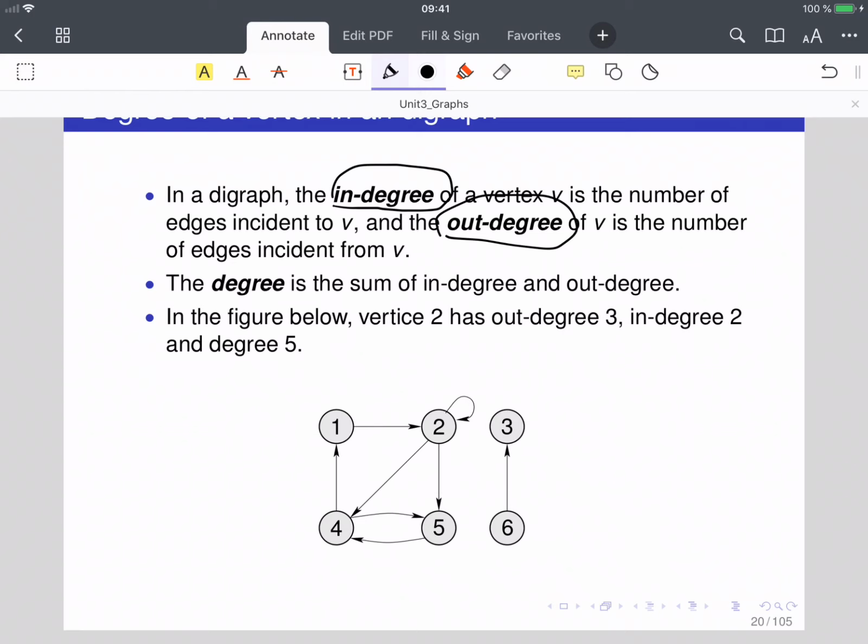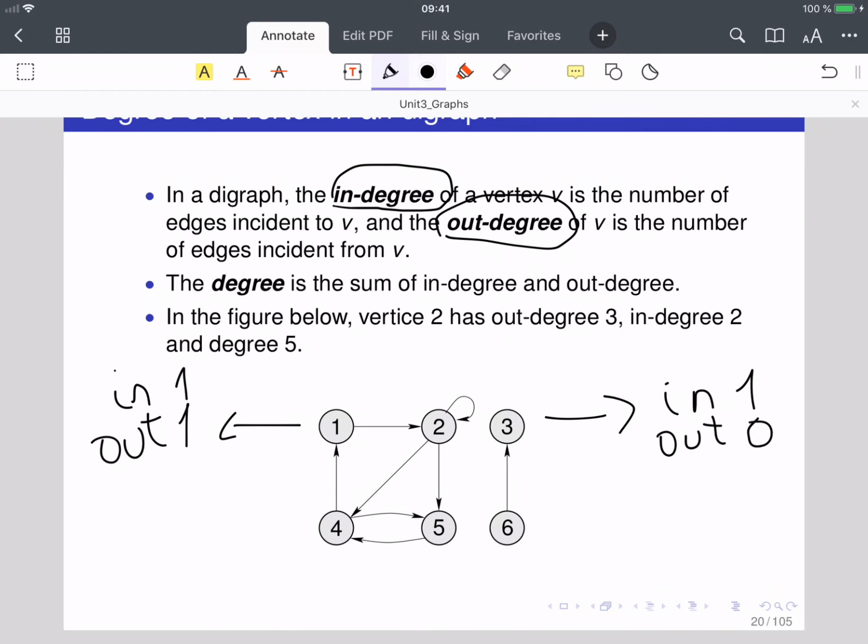For instance, here we can see that vertex 1 has in degree 1 and out degree also 1. Vertex 3 has in degree 1 and out degree 0.